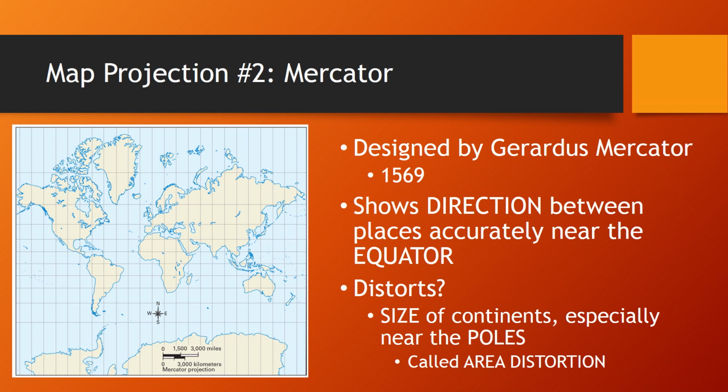And we call this area distortion, meaning it distorts the area of the continents. If you're looking at the map, you can see at the top that big chunk of land, it's called Greenland, is bigger than Africa that you find right in the middle of your map. When in all reality, Africa is like 3 times the size of it.